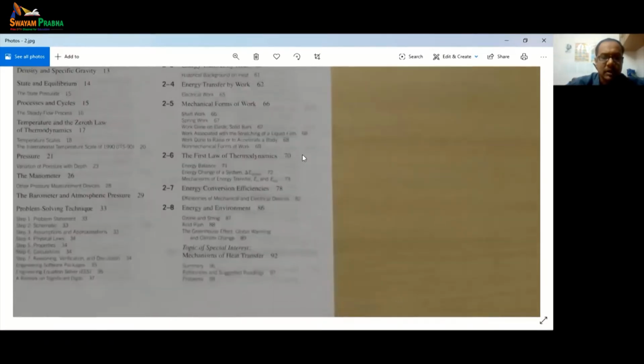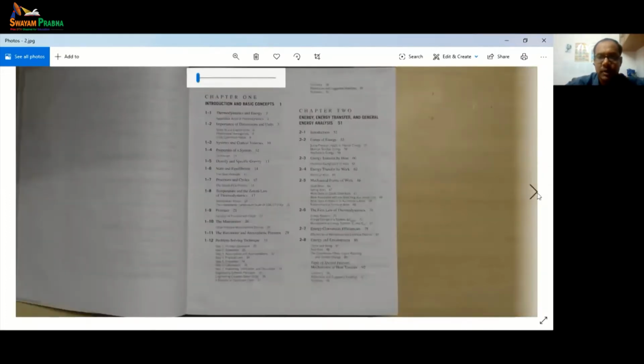So today I'll be taking a few problems again from chapter 2 itself, because this is a very important chapter which sets the foundation correctly for the later chapters. Let us first take the first problem today.